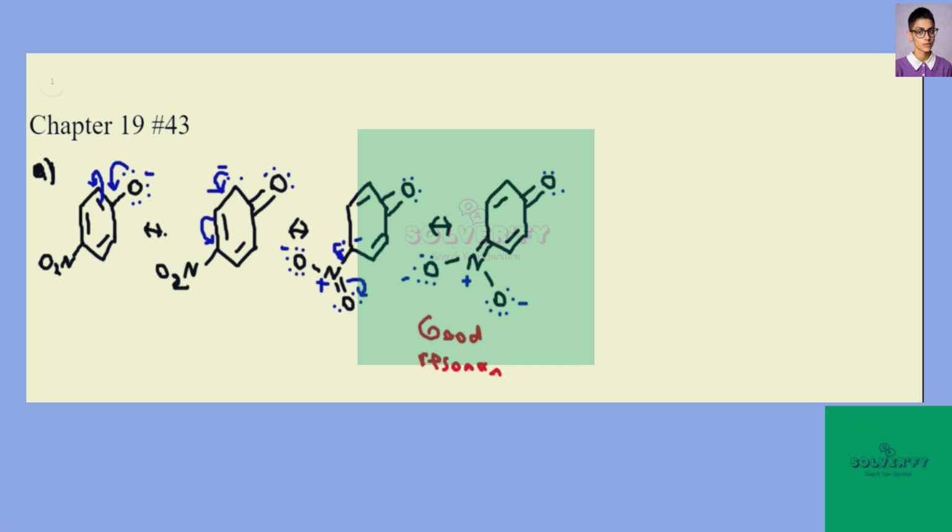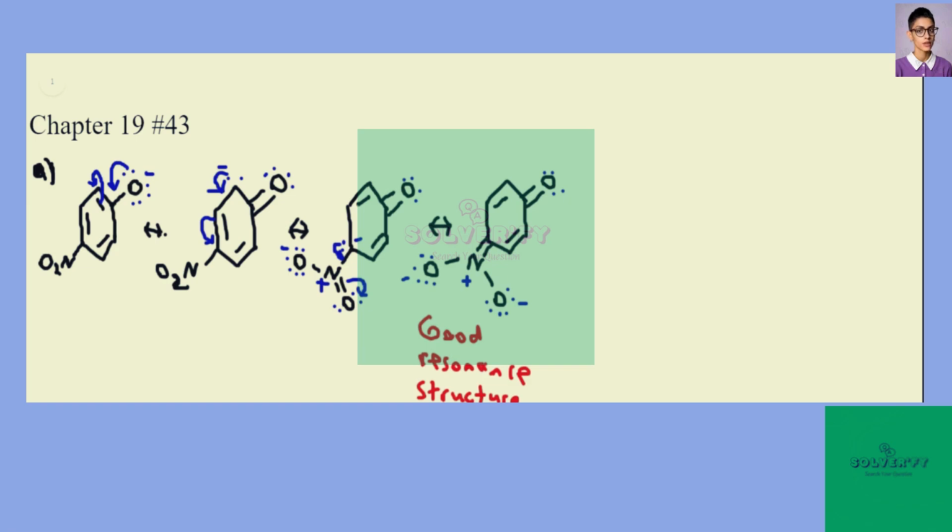And again, that's because the negative charge is seated on an oxygen, which is electronegative. Good resonance structure. Okay. And so this is important because obviously in phenol, there's no nitro group.